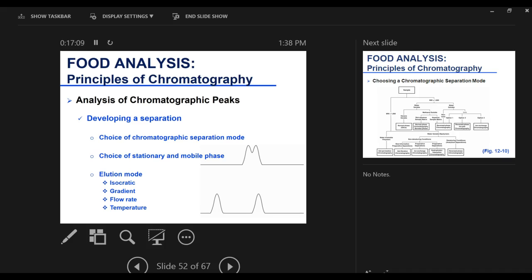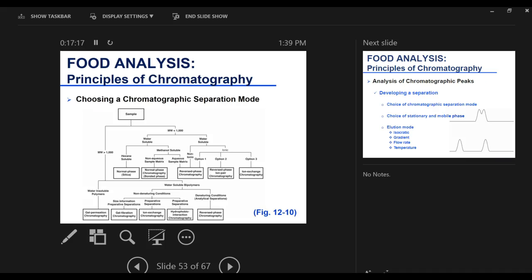So we start with what is published, and then we go to what we have in the lab or what we can obtain in the lab, because you'll see that for the same molecule or set of compounds, you can use different types of chromatography. So if we look at molecules that are water soluble, but they are ionic, they have charge, you can actually separate them with reverse phase.